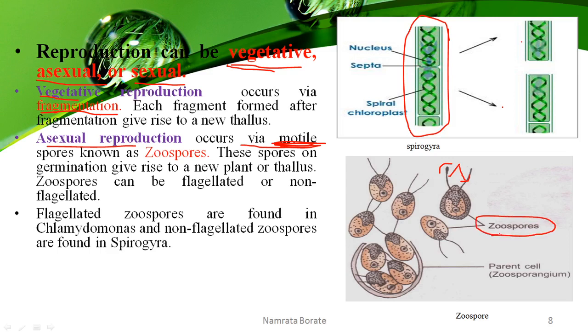These spores on germination give rise to a new plant or thallus. The spores can be flagellated or non-flagellated. The flagellated spores are found in Chlamydomonas, and the non-flagellated spores are found in Spirogyra.